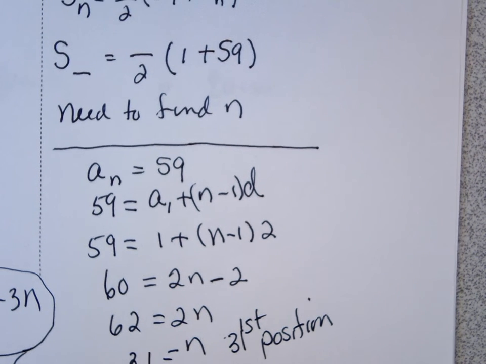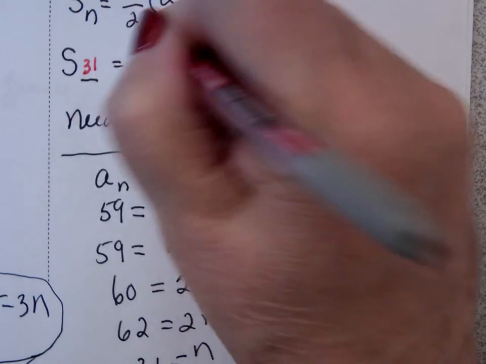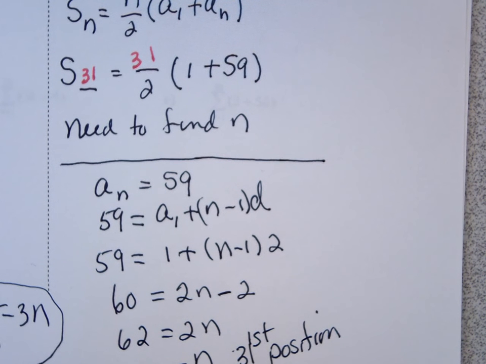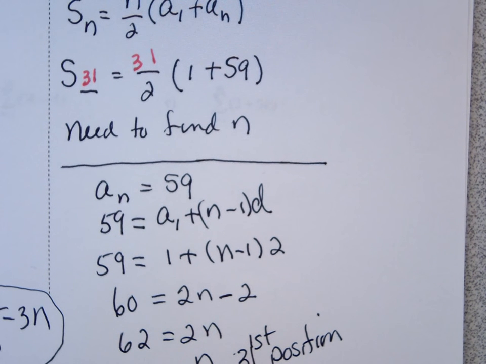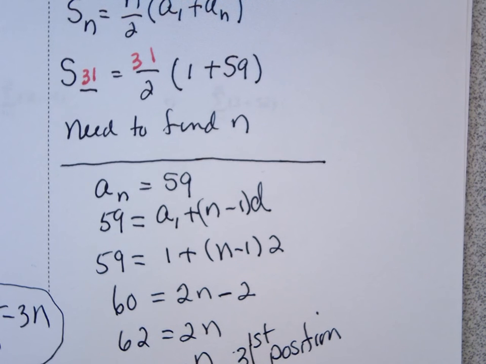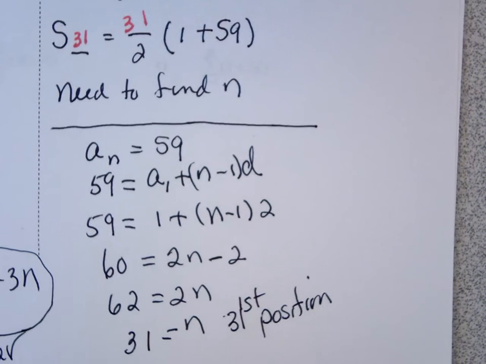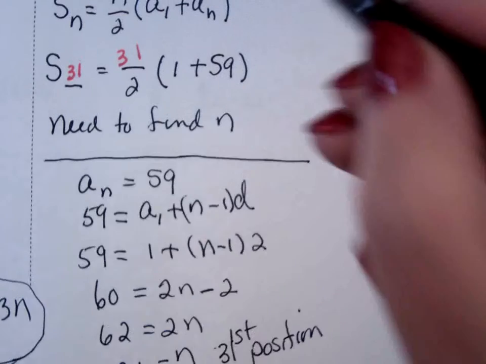So that means that this guy can now be filled in. N is 31. I'm finding the sum of the first 31 terms. So what is this guy?